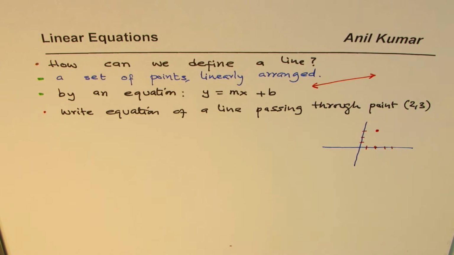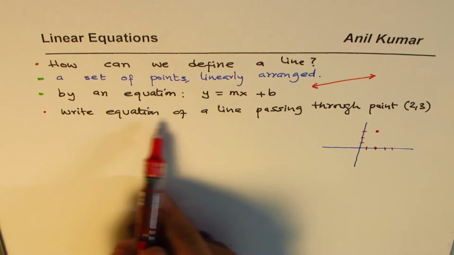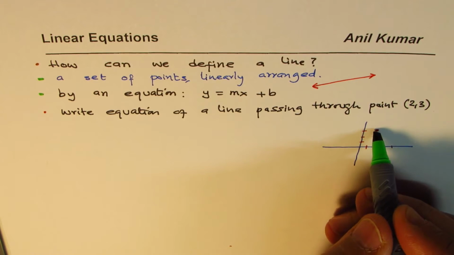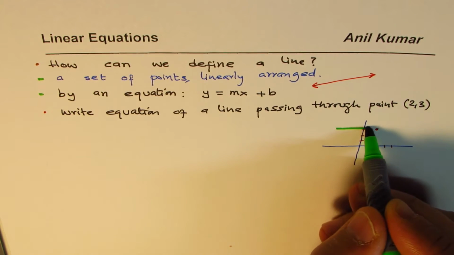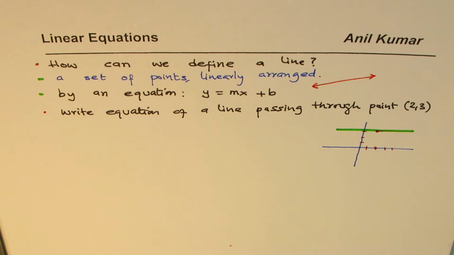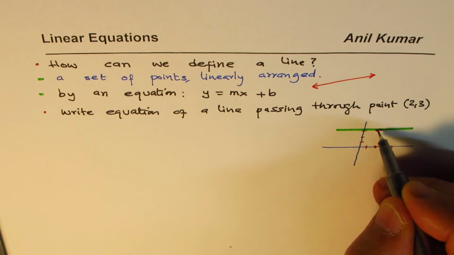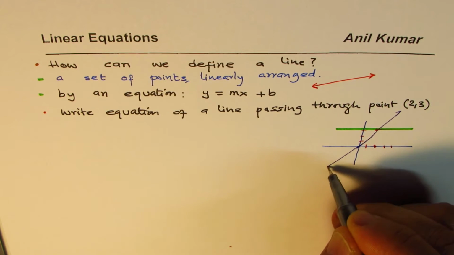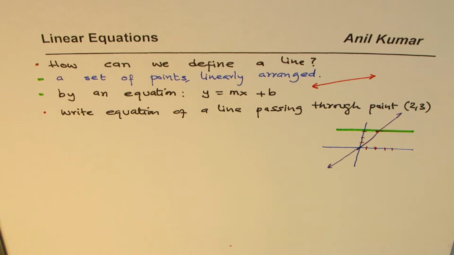Now if I say that write equation of line passing through 2, 3, I could draw many different lines going through this point 2, 3. I could do, this is a line, maybe horizontal, okay. I could draw a line which is going through origin, right? So we say, well, this is also a line, okay. Treated it straight, good.